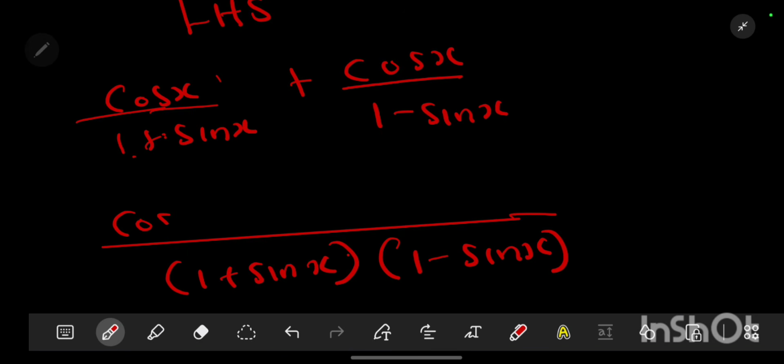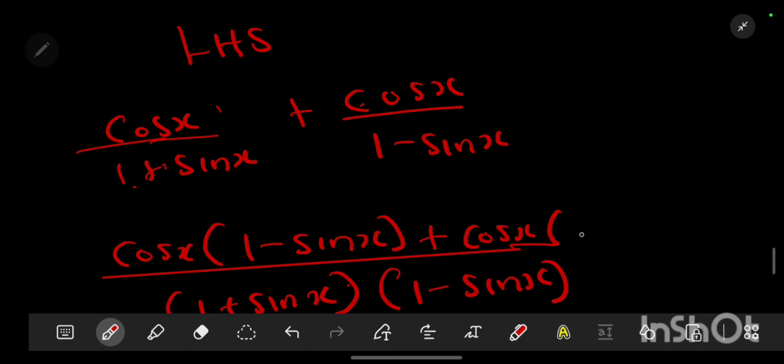So this will be cos of x times 1 minus the sine of x, then plus our cos of x times 1 plus the sine of x, like that.